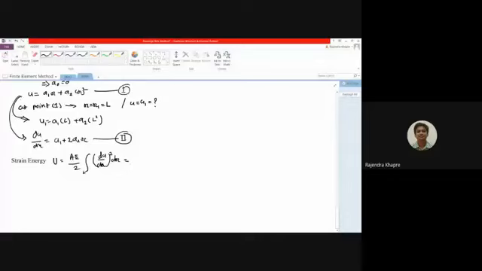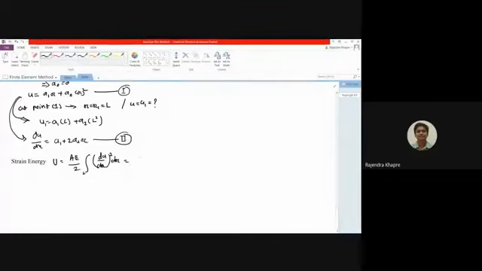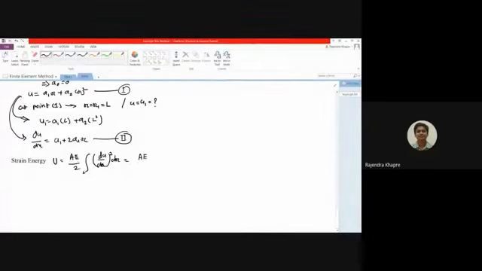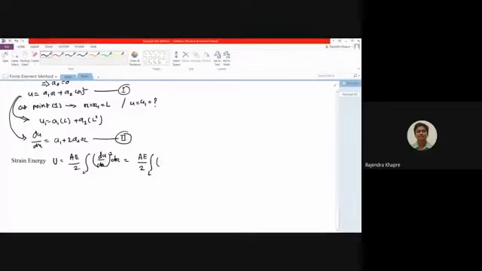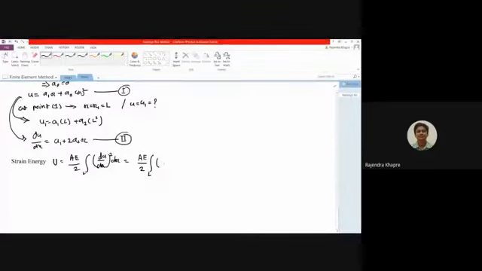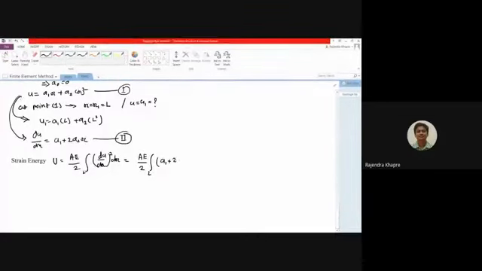Okay, so now I am going to write down the expressions. A and E are constant, there is no change in the cross-section and the modulus of elasticity of the bar. So this will be AE by 2, integration over the length, of du by dx, which is nothing but a1 plus 2 times a2 into x, whole square.